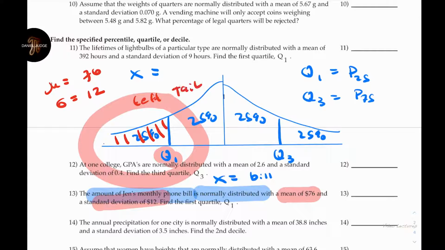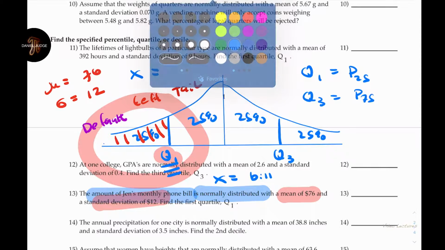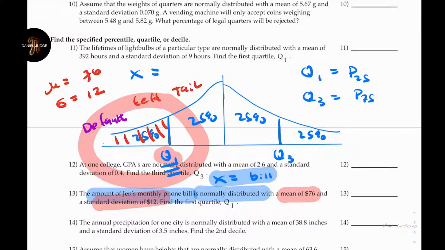That's also the default. I need to find that number. That's the X value, if you want to think of it that way. That's the cost, the bill that we're saying. So we're looking for that number now.